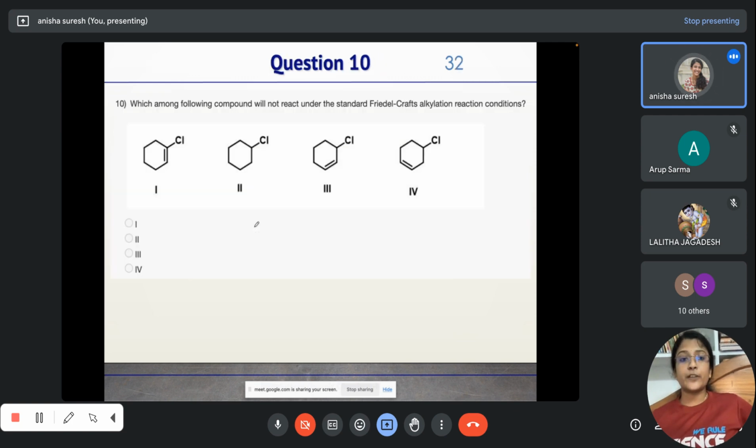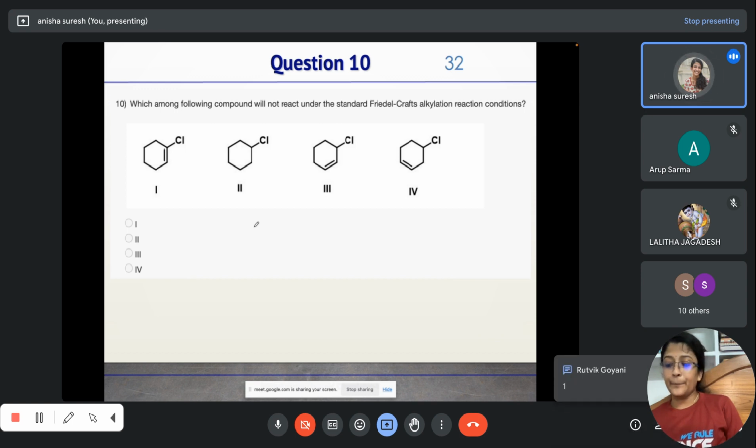Now coming back to our question, which among the following compound will not react under the standard Friedel-Crafts alkylation reaction conditions? So I think you might have got some hint from the limitations we have discussed. So what will be the correct answer? Yes, option 1 is the correct answer. This is a vinyl halide. So it will be forming carbanion, sorry, carbocation that will be extremely unstable.